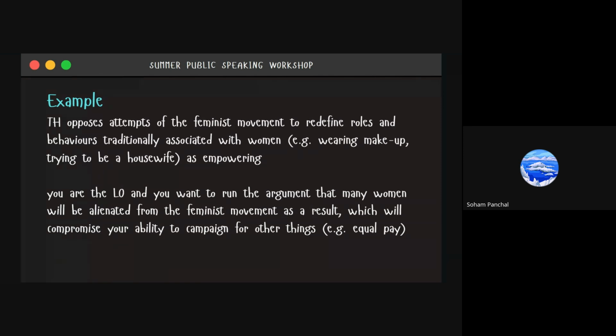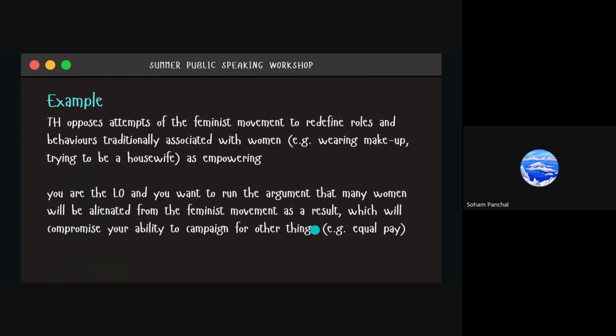Okay. Now, you are the leader of opposition and you want to run the argument that many women will not be able to support, will not be able to relate to the feminist movement, which will compromise the feminist movement's ability to fight for equal pay and equal opportunities for women.